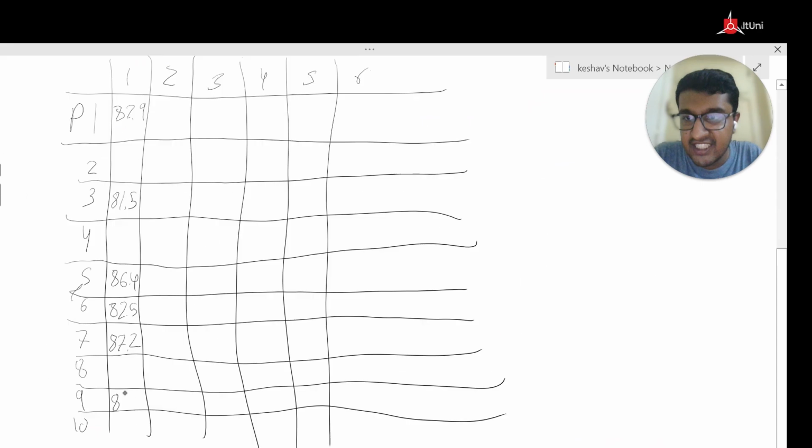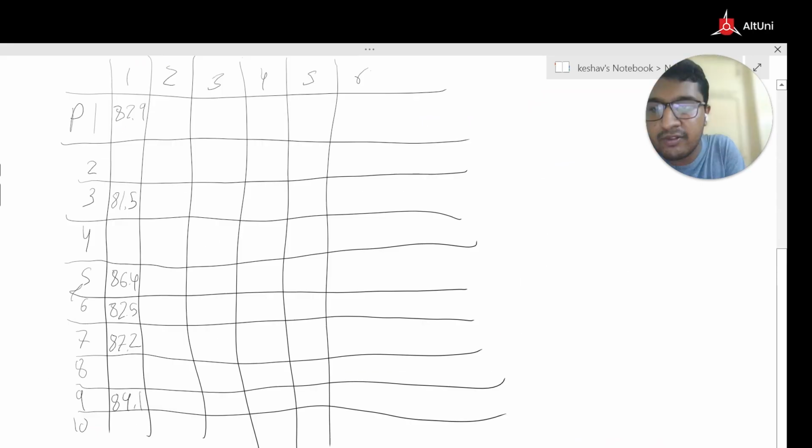I've just written down all the valid throws. So that means the rest must have been invalid. So these all were invalid throws.